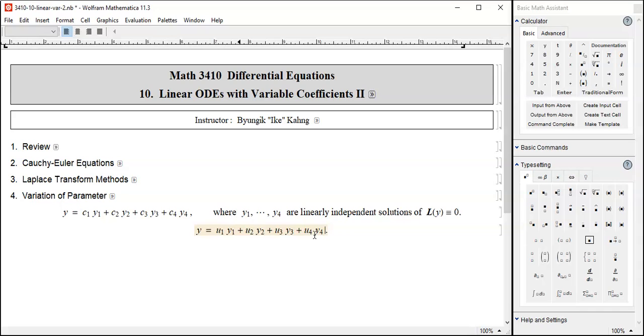Another application is to find a particular solution of a non-homogeneous equation. In this kind of environment, we are looking for yp. But then again, how do you find yp? If C1, C2, C3, C4 are all constant, then you cannot really get anything there because that's going to give you another solution of this original L of y equal to 0.